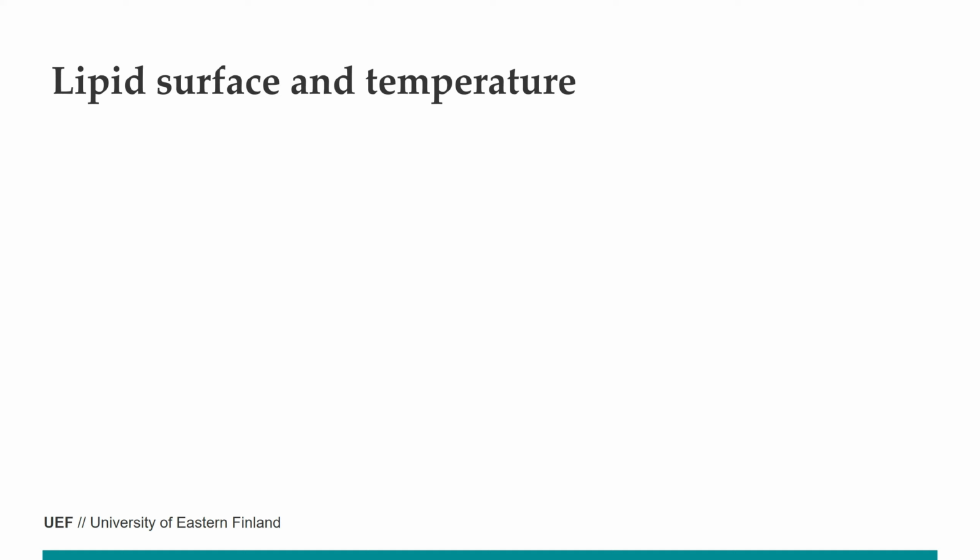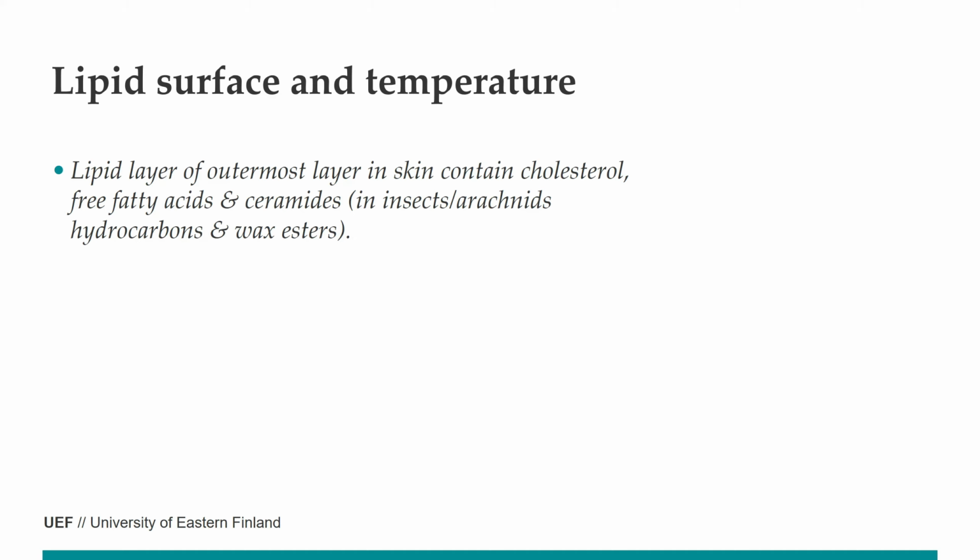When we have the lipid surface, we have learned from the videos discussing acclimatization and acclimation that temperature is affecting it. The compounds of this lipid surface are cholesterol, free fatty acids, and ceramides.